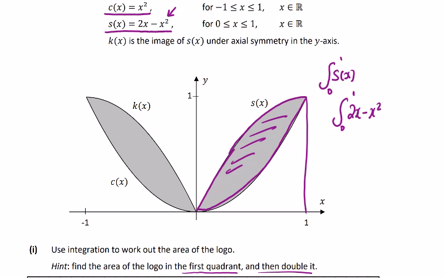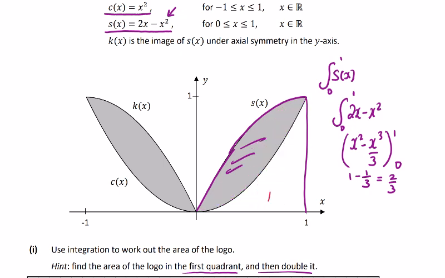So integrating, we're going to get 2x squared over 2, which is just x squared, minus x cubed over 3. So we just need to put 1 in, because 0 will give 0, so we're going to get 1 minus 1 over 3, which is equal to 2 over 3. So that would be the whole area all in here underneath s of x.